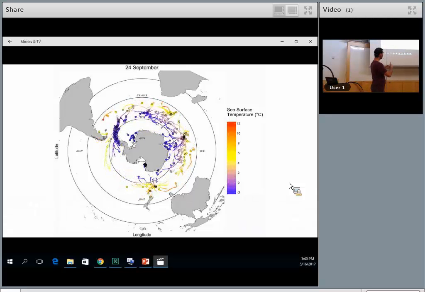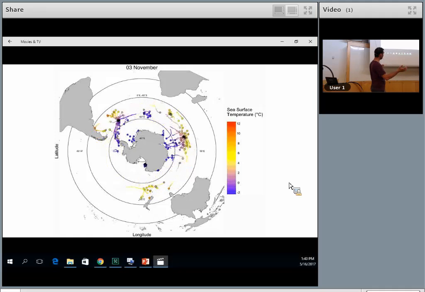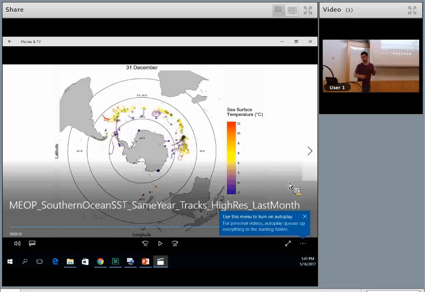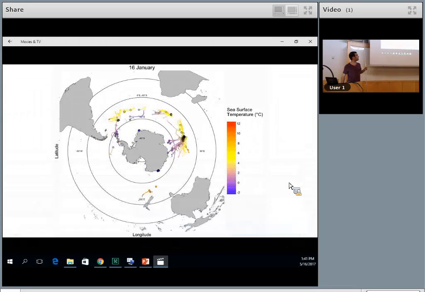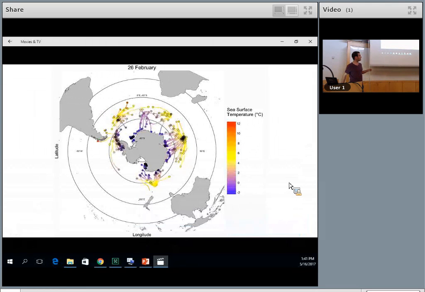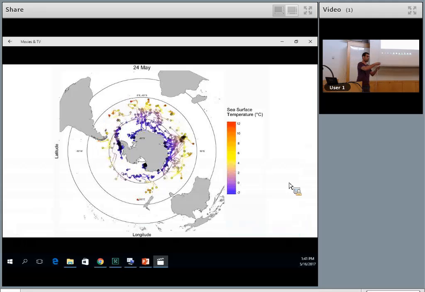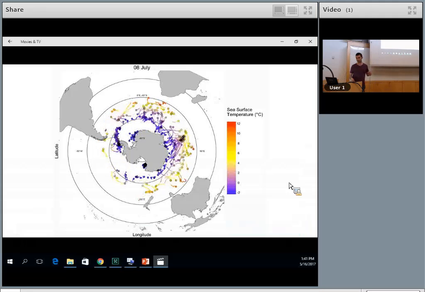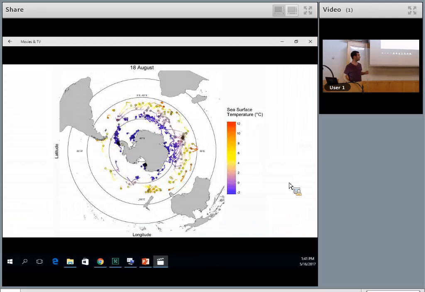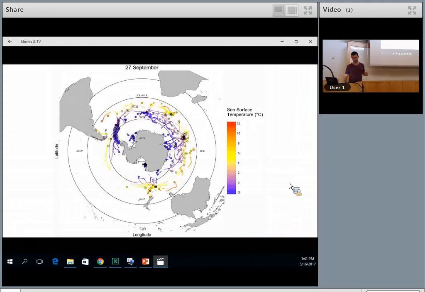And then they go back for reproduction, leave again for a short period, and then go back to Kerguelen. So here you have around 700 individual tags that were used to produce this map.